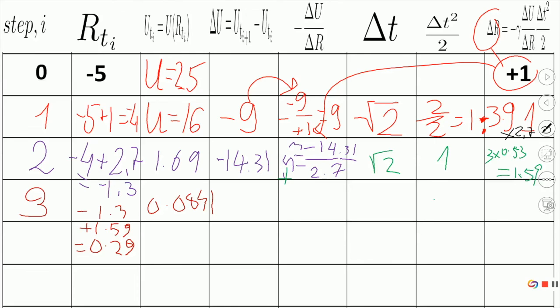So the previous value of potential was 1.69. The new value of potential is 0.0841. So it's the previous minus 0.0841 minus 14.31, no, not 14. Minus 1.69. Sorry, yeah, minus 1.6.